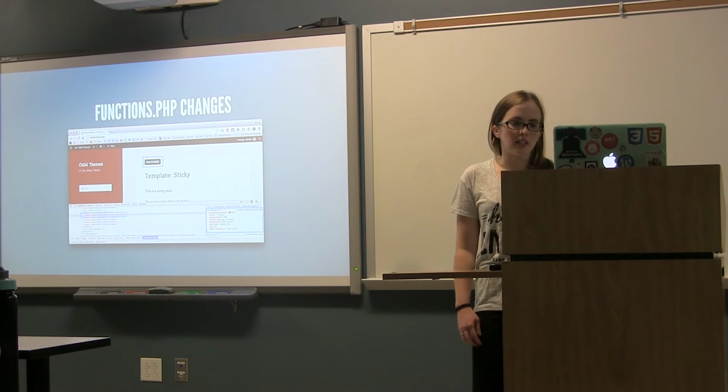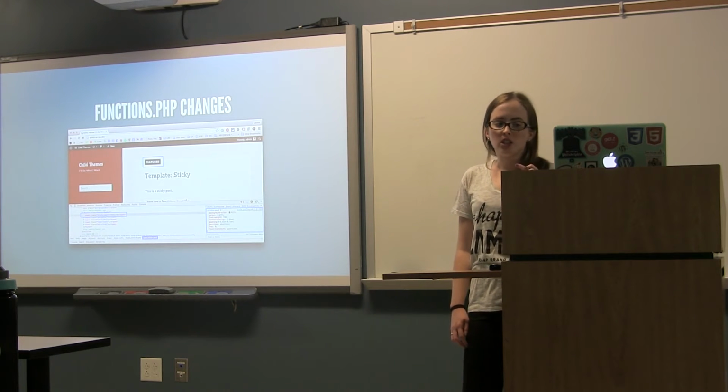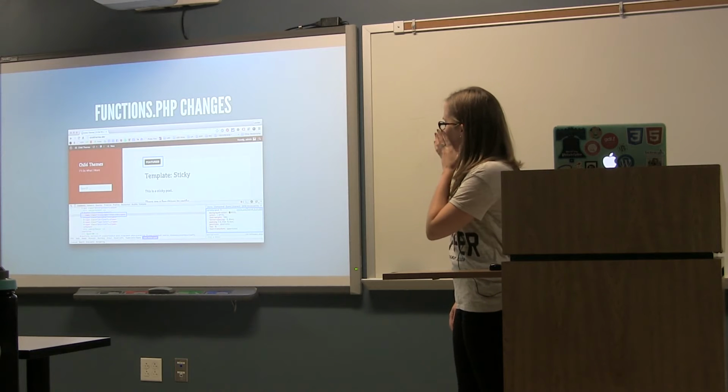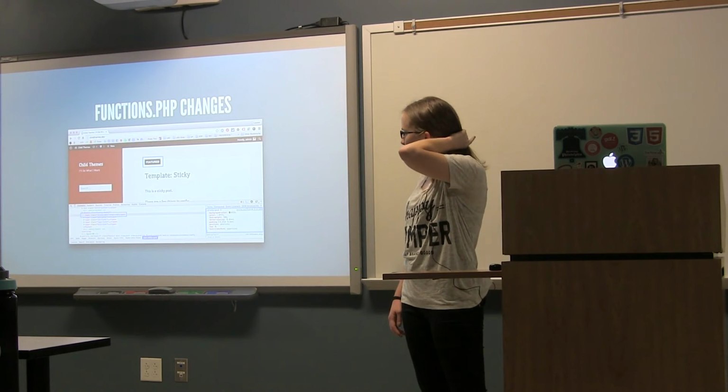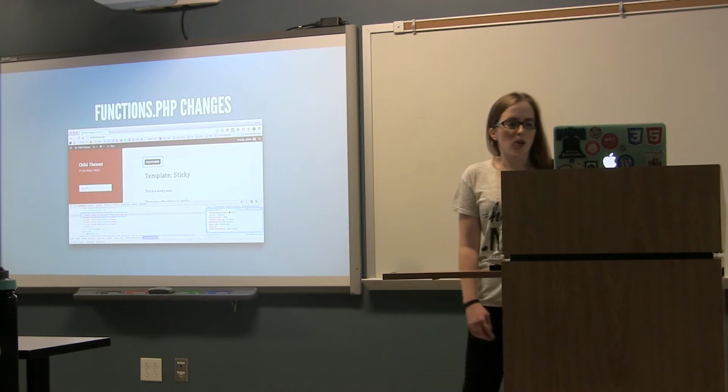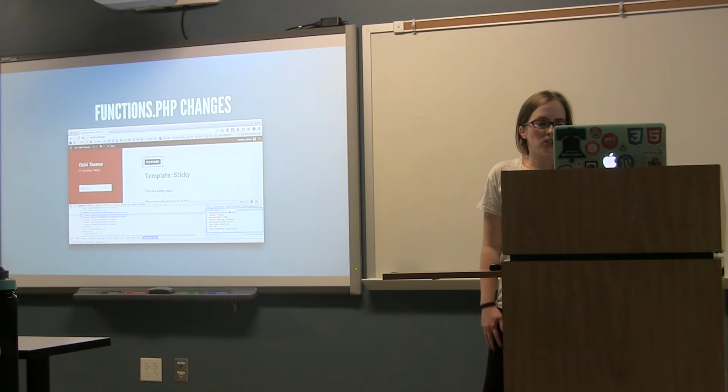And so I decided that I wanted to change the featured, where it says featured on the sticky templates. And so how I started to make this change, I inspected the element so that I could see what markup was being generated, so that I could find where in the parent theme it was being generated.